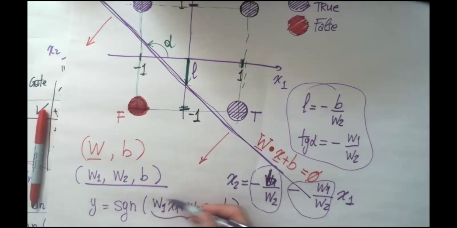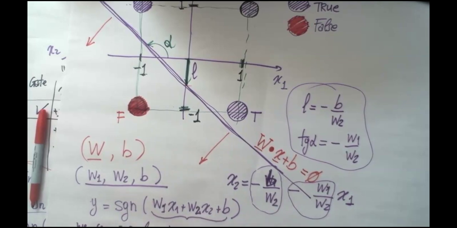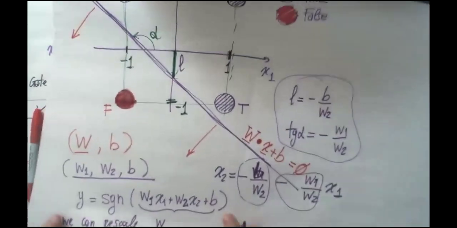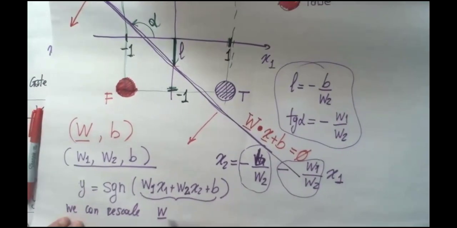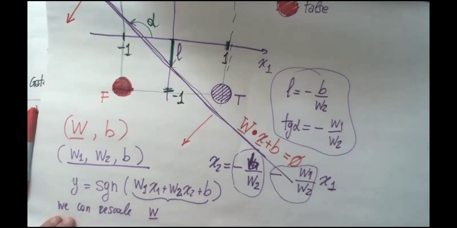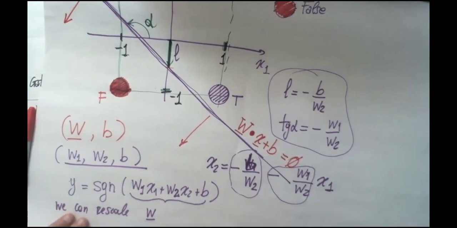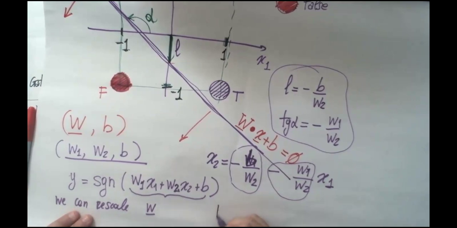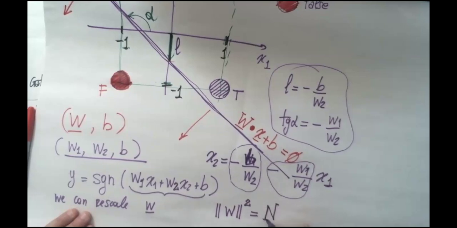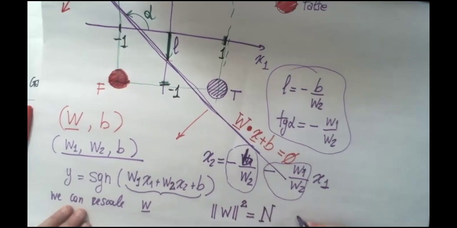And so the magnitude of W1 and W2 is not important. We can rescale W and the results of this operation are going to be still the same. So what is done in practice is that it is assumed that the length of this vector is equal to the number of inputs, N being the number of inputs.